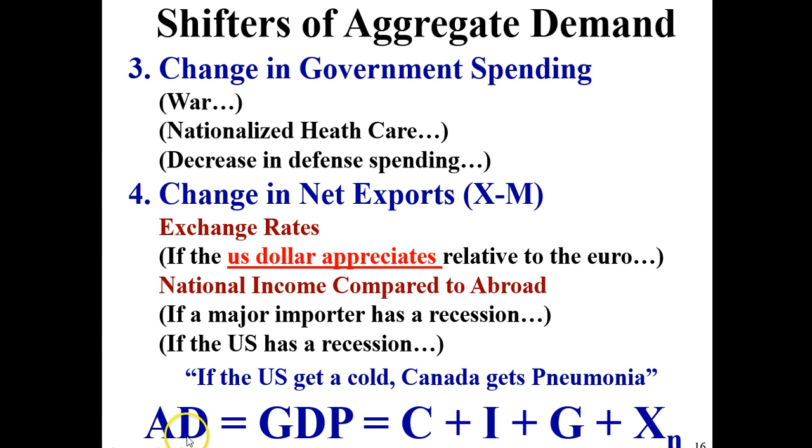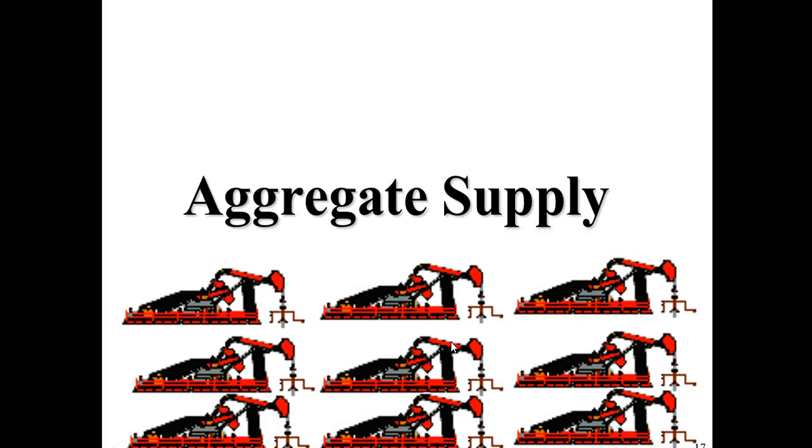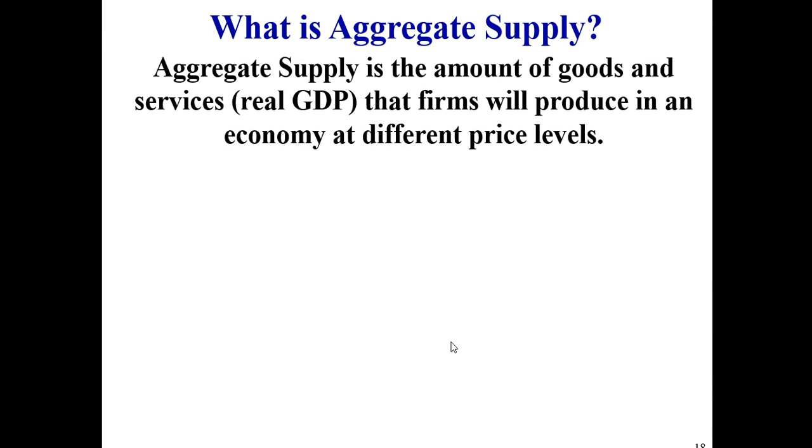So here's our equation, again, just restated. Aggregate demand, rather, is the same as GDP, which is this identity, this formula that we aggregate all of this expenditure to get GDP and aggregate demand. So aggregate supply then is the other side of the aggregated market. It's the amount of goods and services that firms will produce in an economy at different price levels.